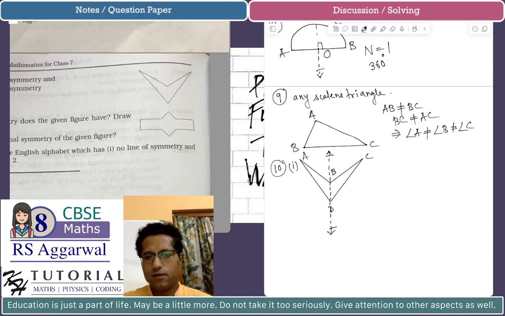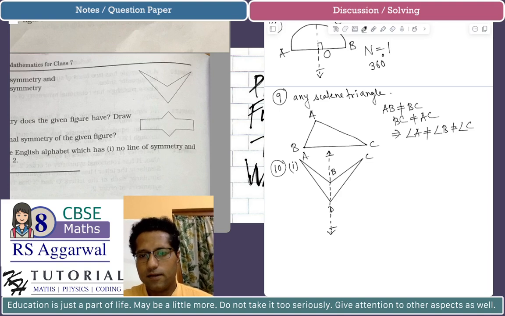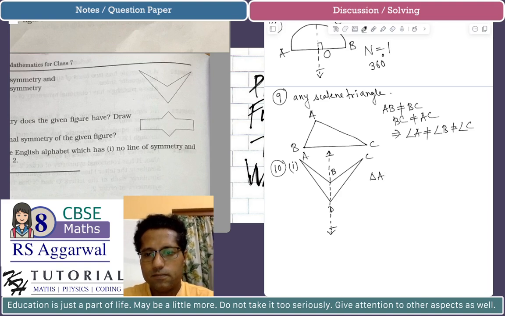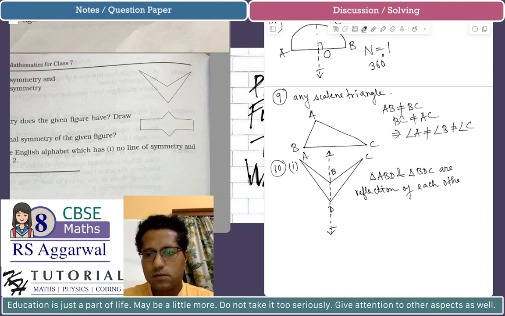As you can see, the triangle BCD and the triangle BAD are looking identical, meaning the triangle ABD and triangle BDC are a reflection of each other about the line of symmetry BD.